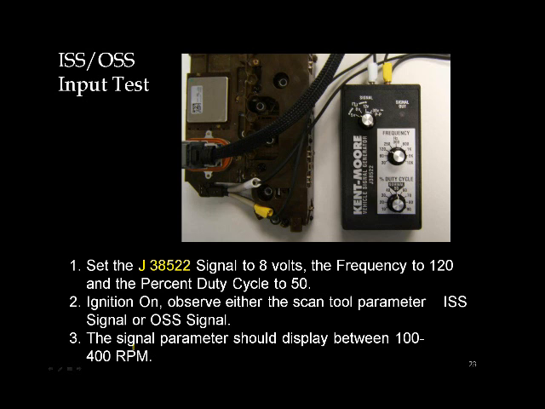So as you change the frequency on the signal generator, you'll see the frequency or the RPM change on the scanner. What we're basically doing to check a speed sensor is substituting a signal generator in place of the speed sensor. If it reads correctly, you must have a bad speed sensor. If it does not read correctly, you must have a bad TECM. That's how we isolate it.